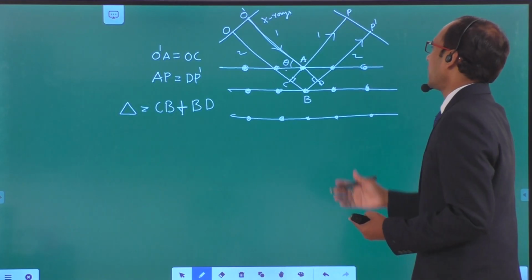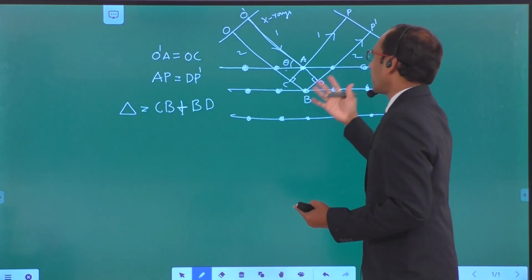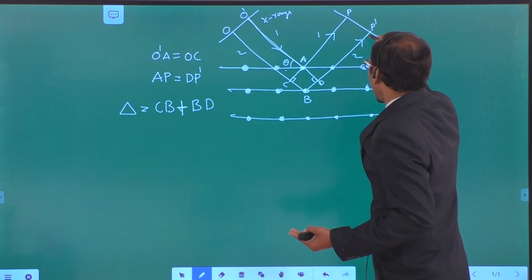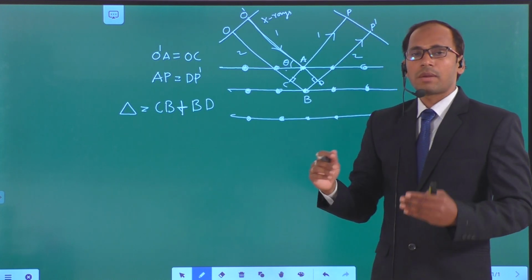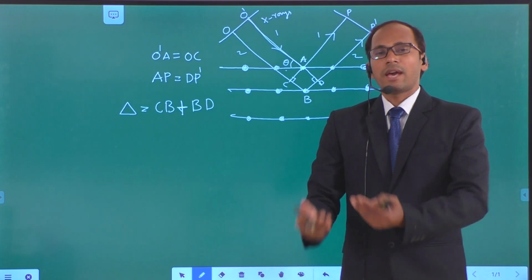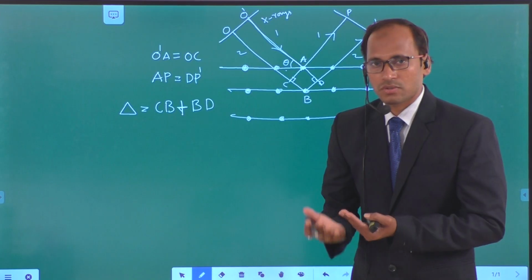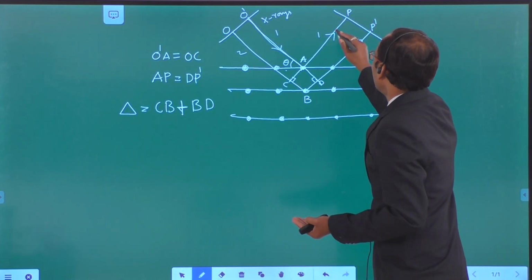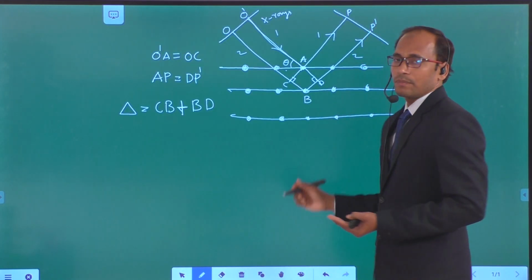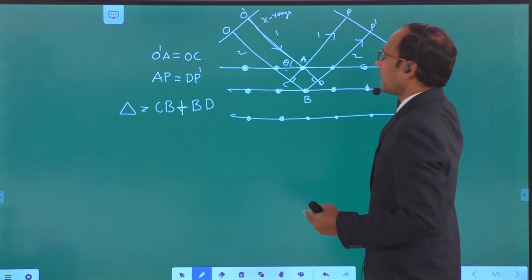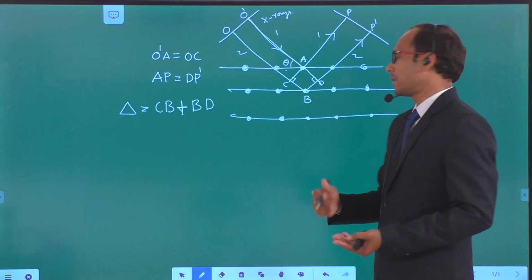When X-rays are incident on crystal planes, these two scattered rays produce a diffraction pattern. For a diffraction pattern to be produced, constructive interference should take place, so that we get a bright and dark pattern.